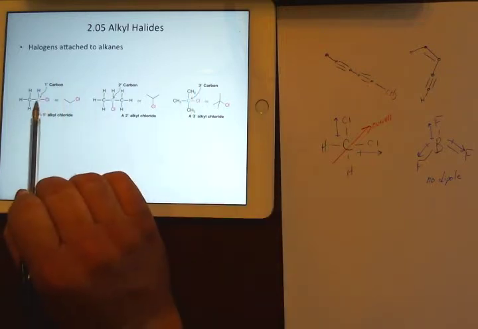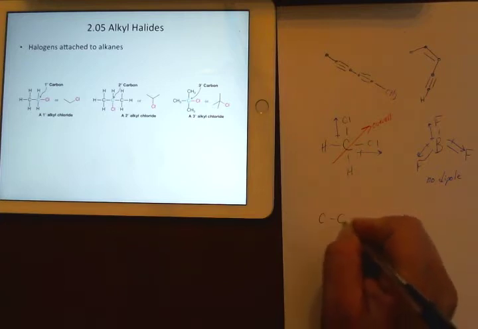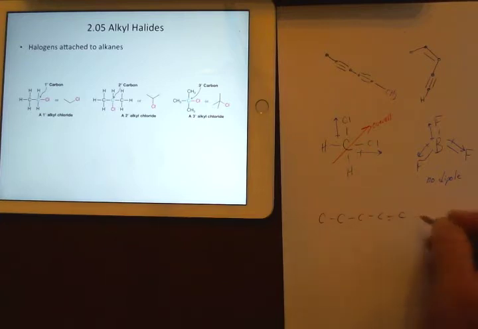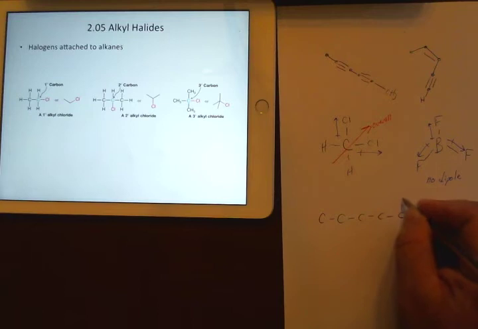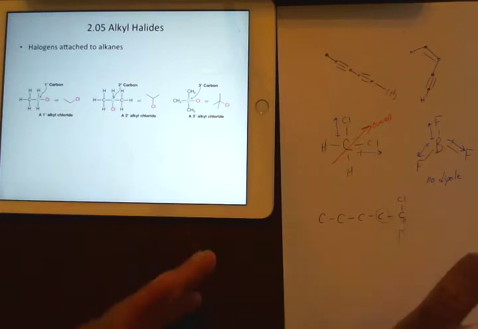What we're saying is, for this carbon here, how many other carbons are directly attached to it? If you have the Cl here, that would be a primary carbon because there's only one carbon directly attached to it.